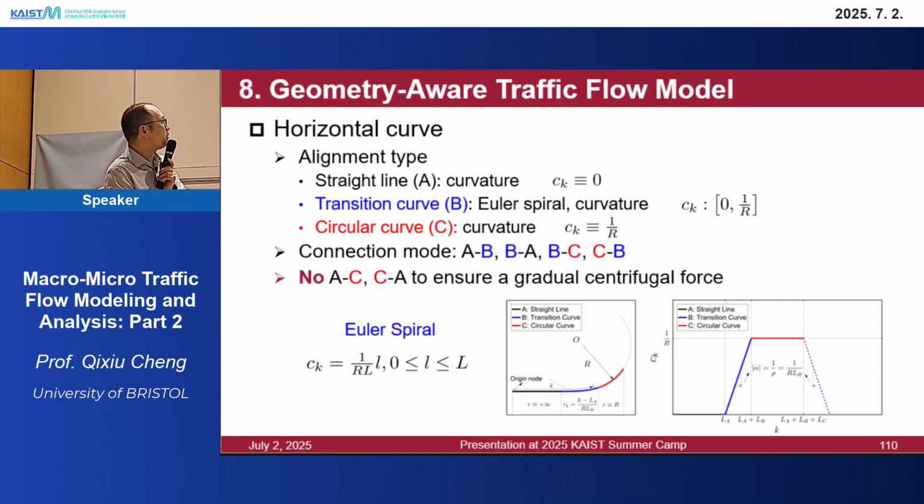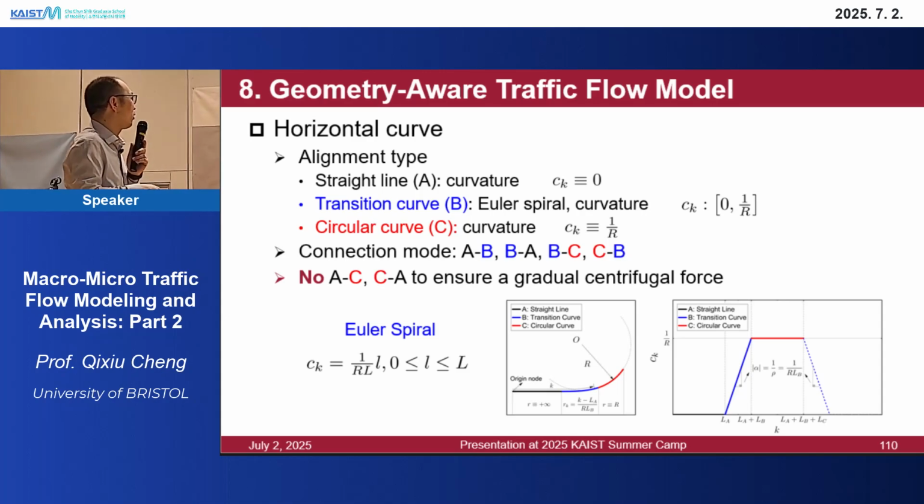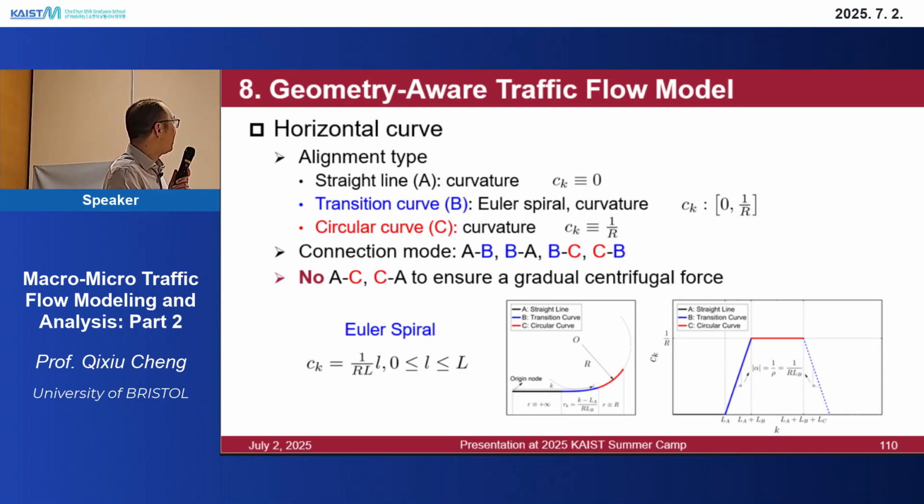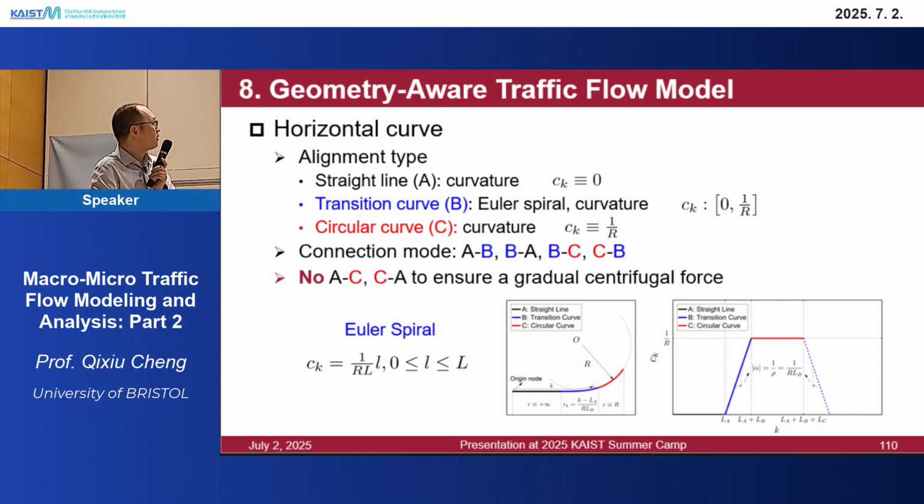So we have A to B, B to A, B to C, C to B. We cannot have A to C, a straight line to a circular curve, and we don't have a circular curve to a straight line, to ensure gradual centrifugal force. And the Euler spiral is usually used for road design.